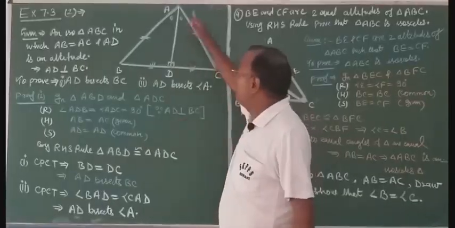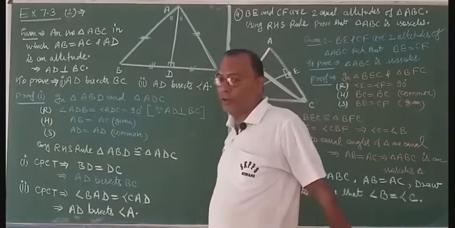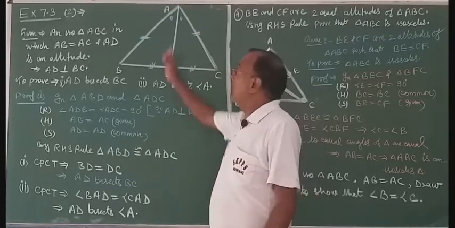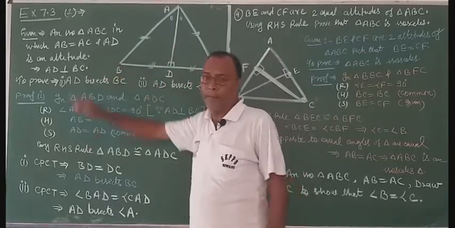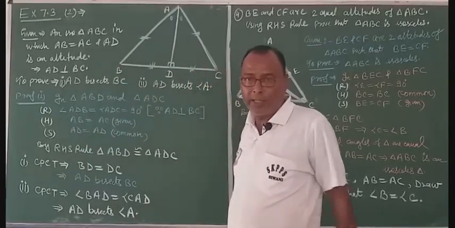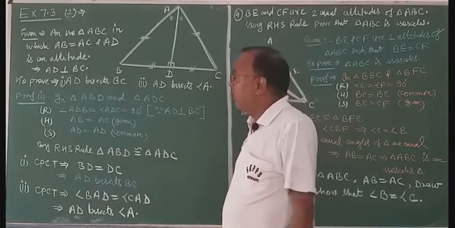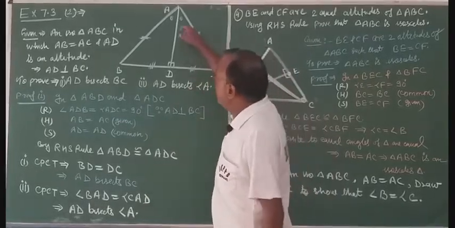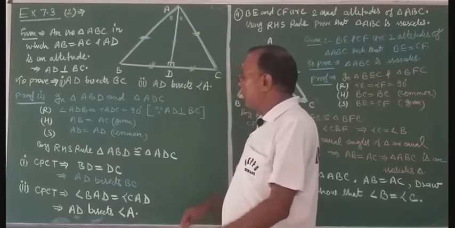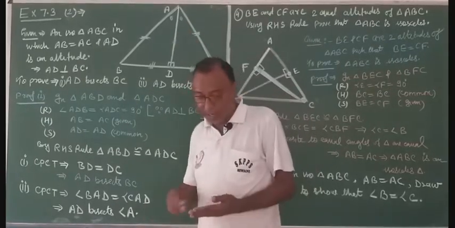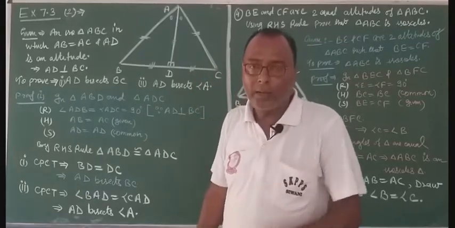Because AD is perpendicular to BC and it is given. The next thing, AB is equal to AC, already given in the question. Next, this side AD is common for both the triangles.